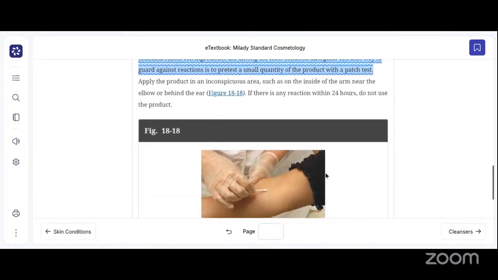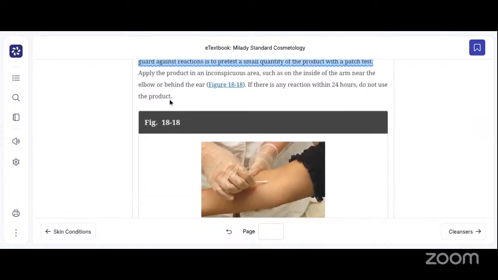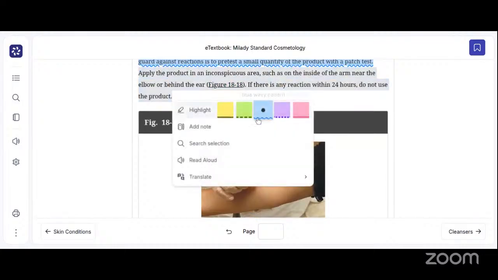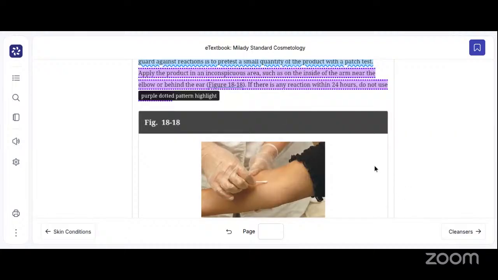When we are using products and chemicals, we want to learn about our patch test and predisposition test. Again, we're going to put it in purple this time.